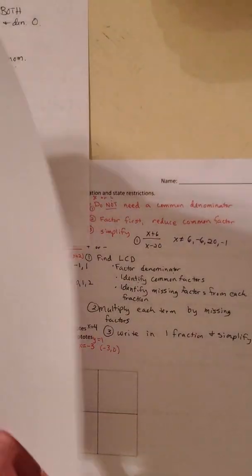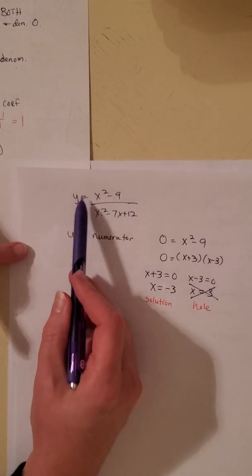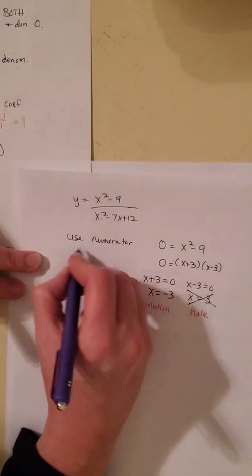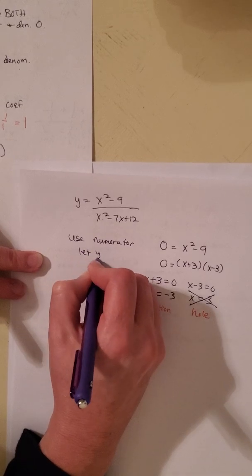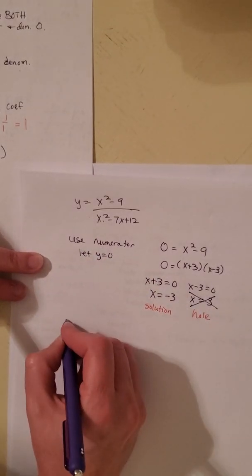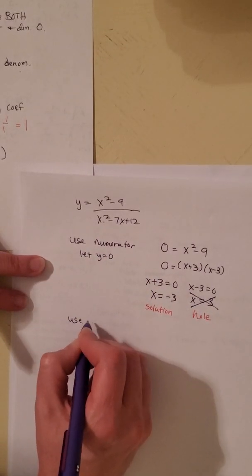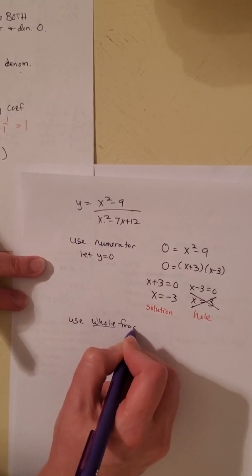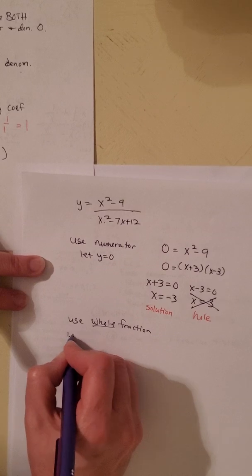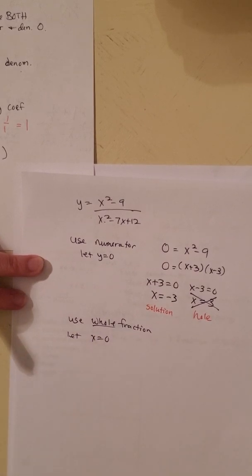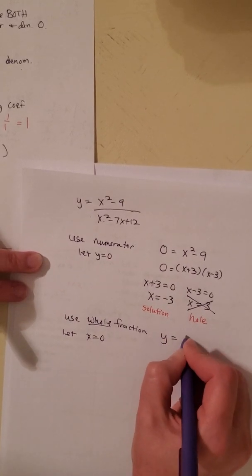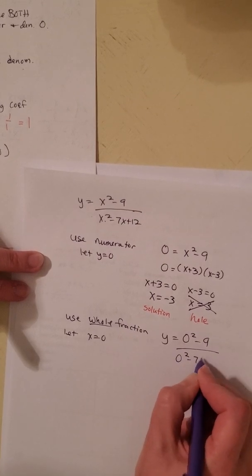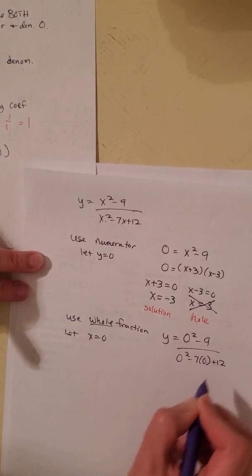To find the y-intercept, you use the entire function and you let x equal 0. And so I've got y equals 0 squared minus 9 over 0 squared minus 7 times 0 plus 12.